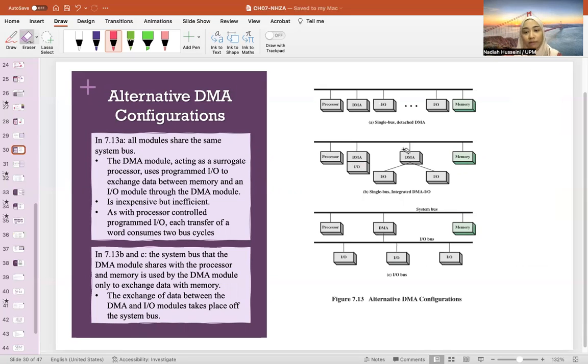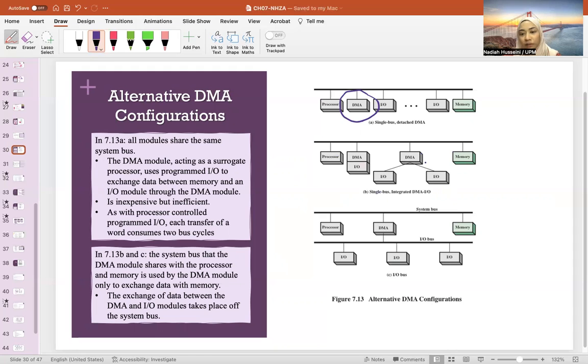So we have a single bus detached DMA, whereby our DMA is a detached module. We have our processor module, I/O module, memory module, and you have your DMA module over here. This is the system bus. A different configuration would be you have your processor module, DMA module connected to an I/O module, DMA module connected to an I/O module, and this is your memory.